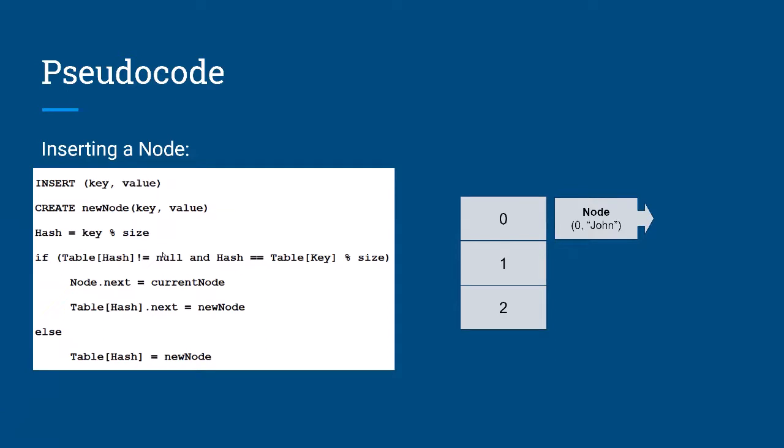So basically, in the if statement, it's checking the location and whether a node exists, and if it does exist, then we want to place it next to that current node. And if there is no current node in the location, then we are just going to add a new node.